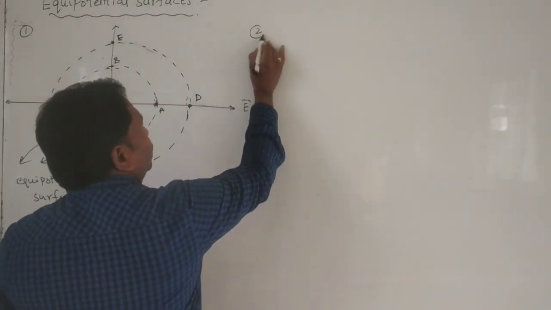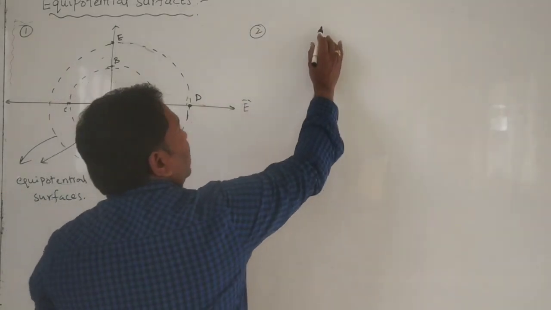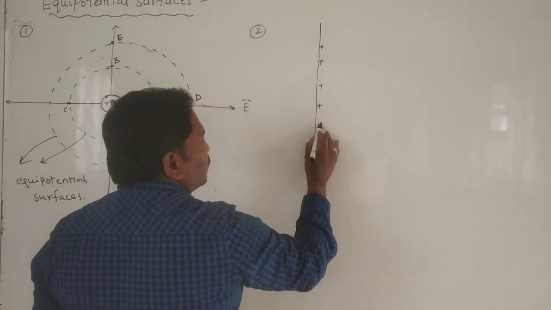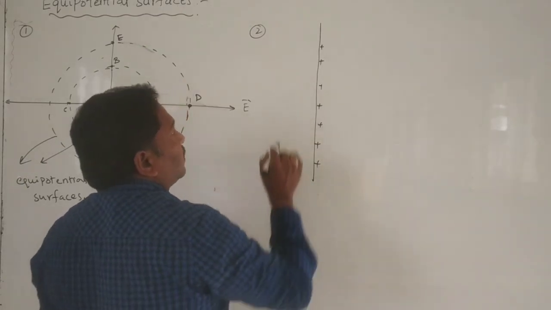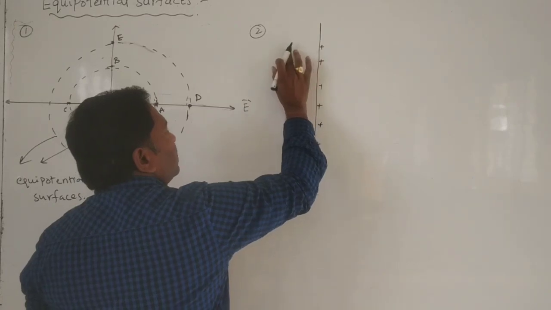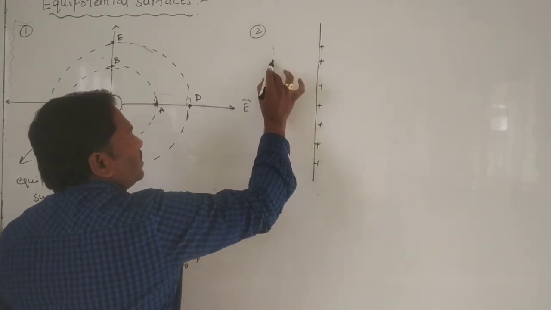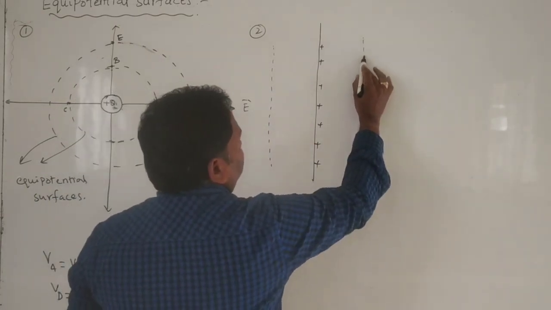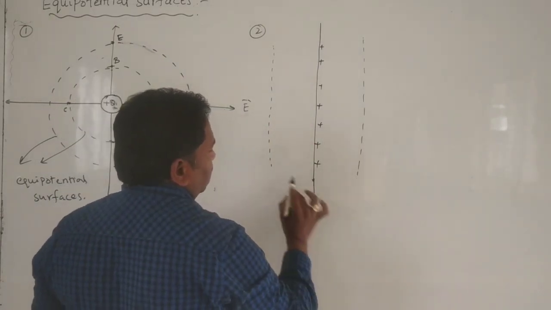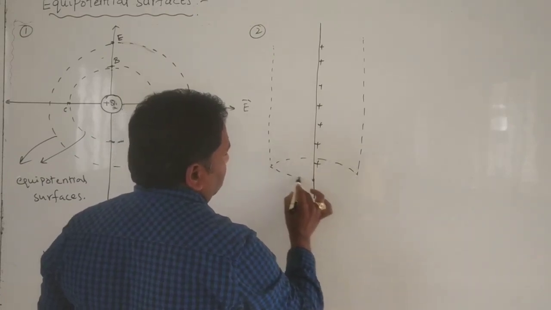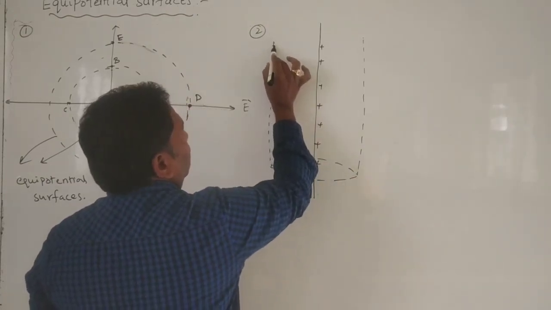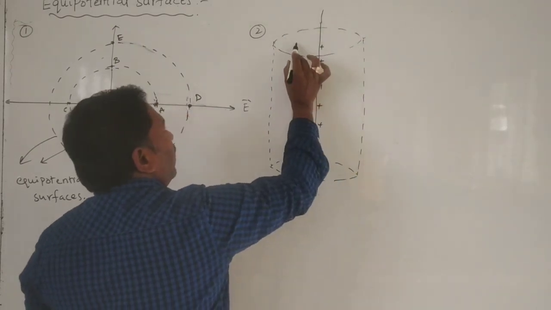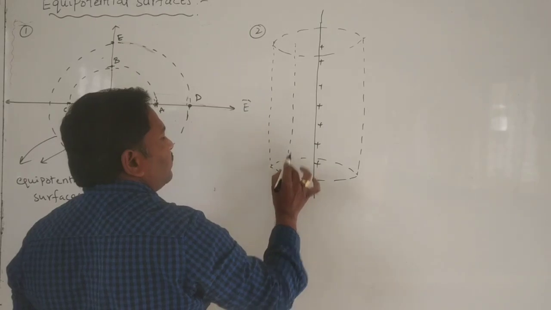Next, point 2. So for a line of charge distribution, what are the equipotential surfaces? This is one equipotential surface, and this is another equipotential surface.